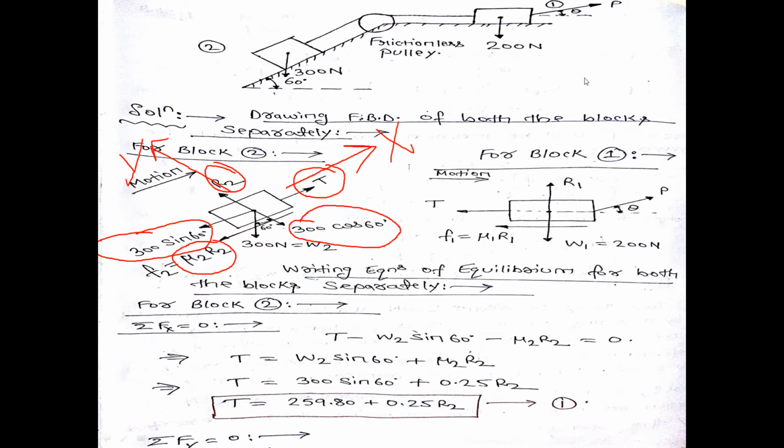Fine. Okay. So now let us write down the equations of equilibrium for the first block. That is, summation Fx equal to 0. If I write summation Fx equal to 0, I can write P cos theta minus T minus mu 1 R1 is equal to 0.